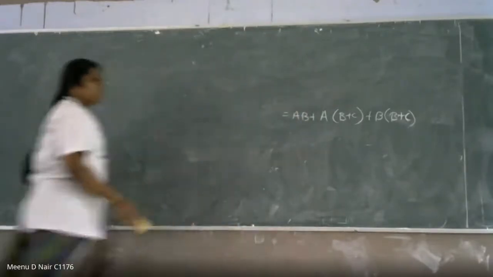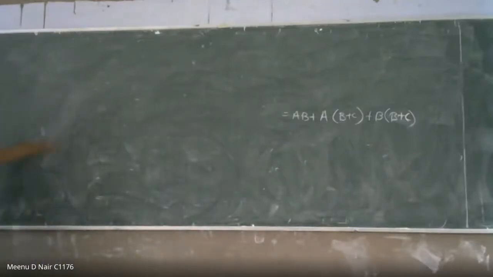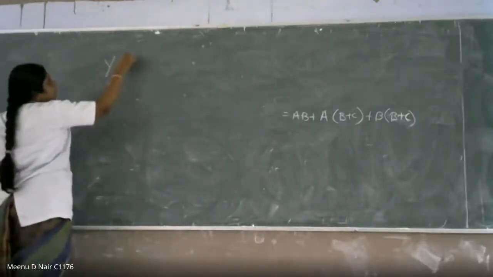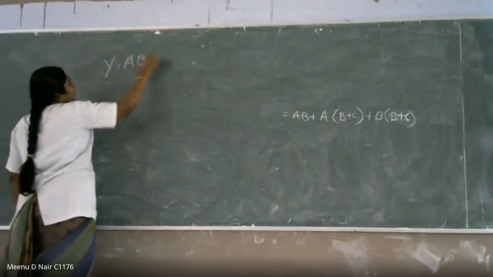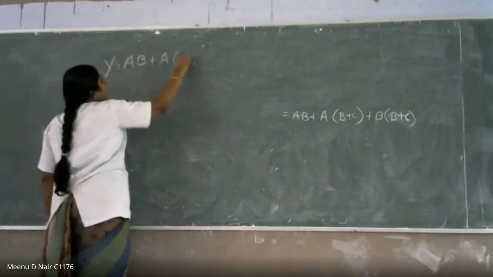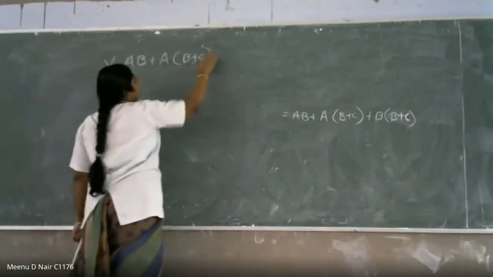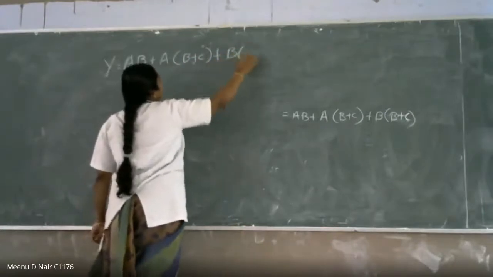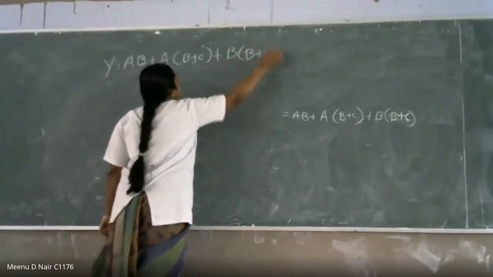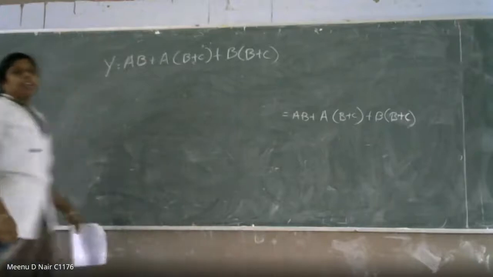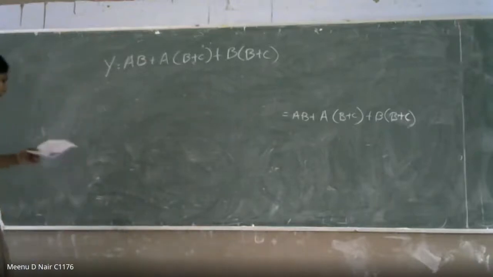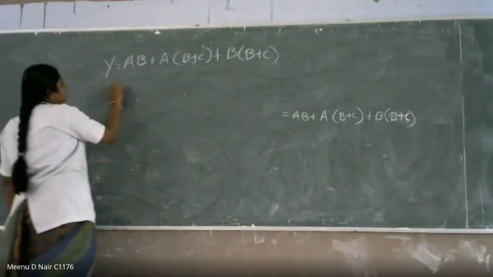So your expression is Y = AB + A(B + C) + B(B + C). Now you have to expand the expression.